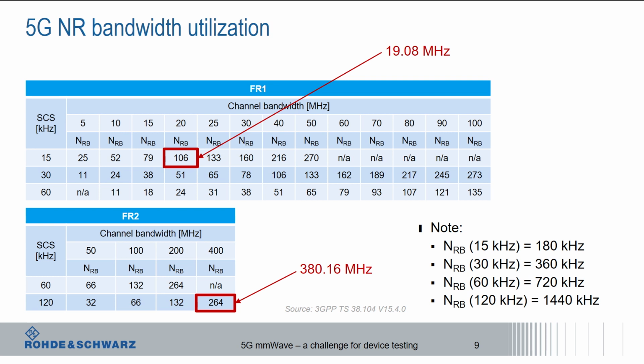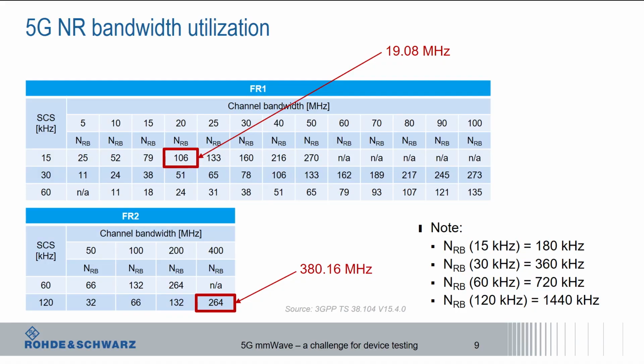So that means it's an occupied bandwidth of 19.08 megahertz. And that again means we have a smaller guard band between the bands in 5G than we had in LTE. So it's a little more efficient to run 5G even though you only have 20 megahertz bandwidth. And the same, of course, applies to FR2, but there we don't have a comparison.